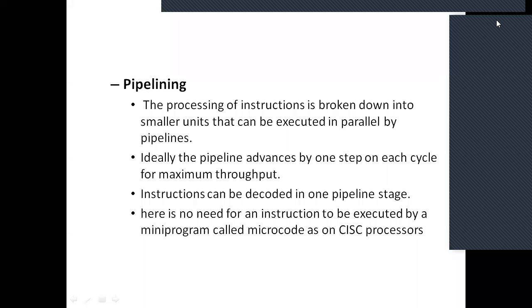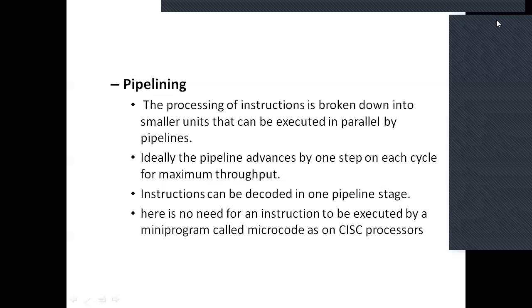Because while the first instruction is executing, the second instruction will be decoded, and the third instruction will be in the fetch unit. So after execution of the first instruction, the second instruction will be immediately transferred to the execution unit, so that in the next cycle, the second instruction will be executed. So the process will become faster. Suppose you don't have an instruction pipeline, then in such microprocessors each instruction will take 3 cycles, because it has to perform 3 operations: fetching, decoding, and execution.